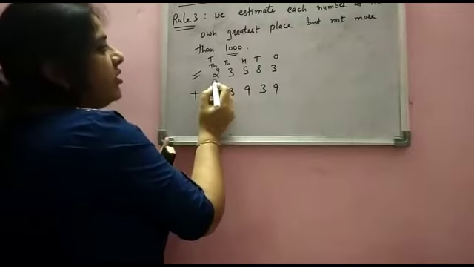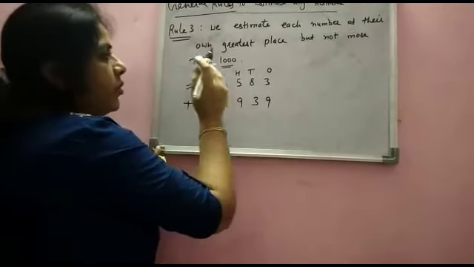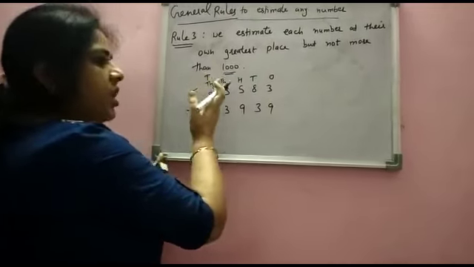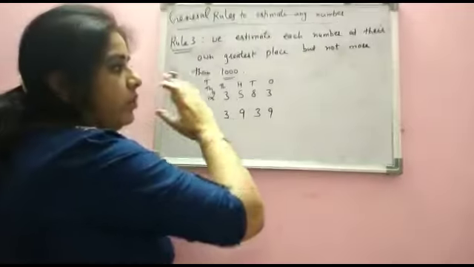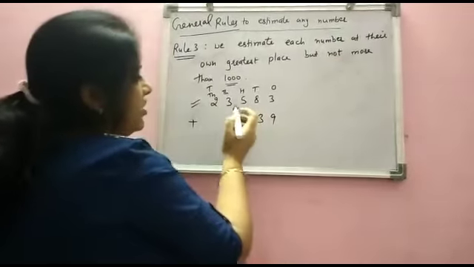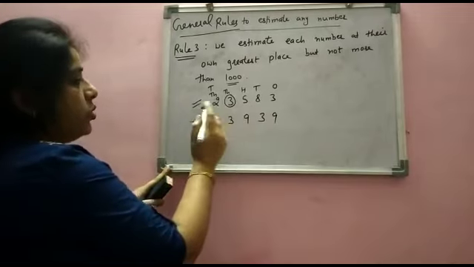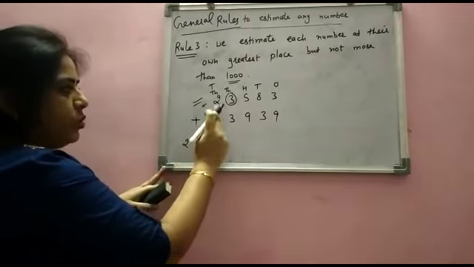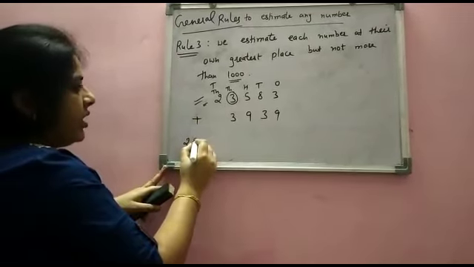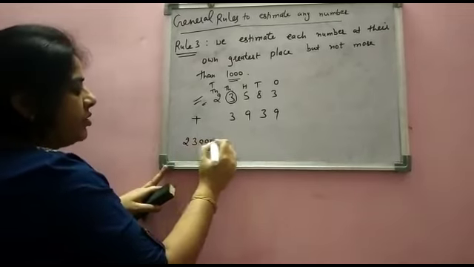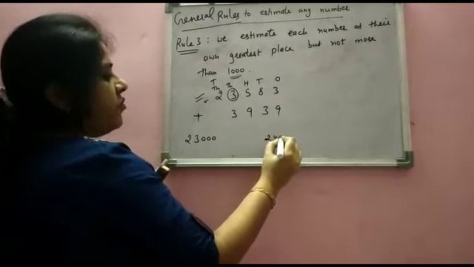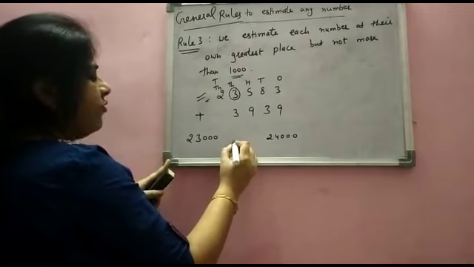But we can't take 10,000 because if we go with 10,000, we will not be near the actual answer. So we will take a maximum of 1000 place. So we can estimate this number at 1000 place. 2 will remain the same. So the number lies between 23,000 and 24,000. What is the halfway?